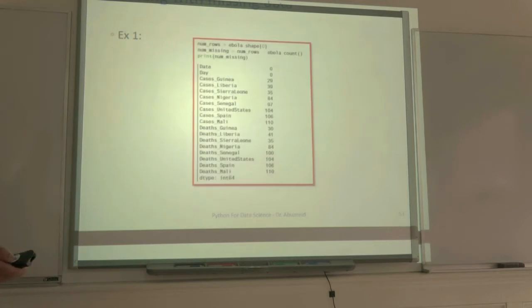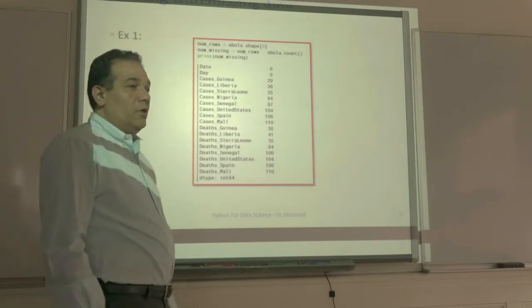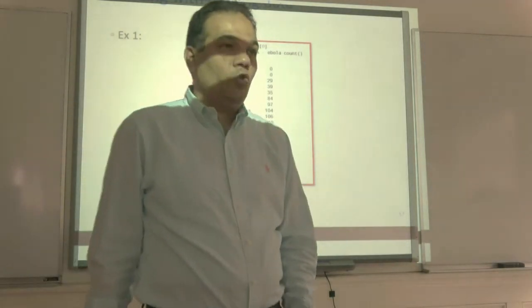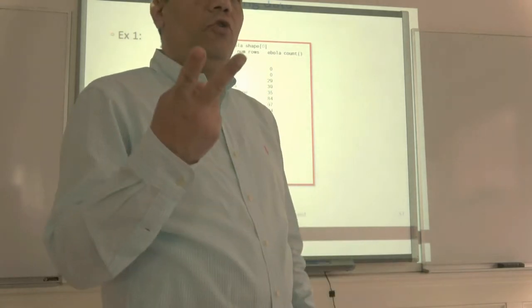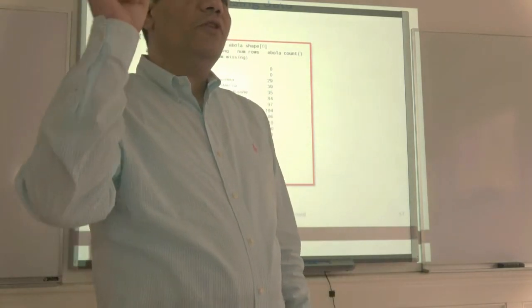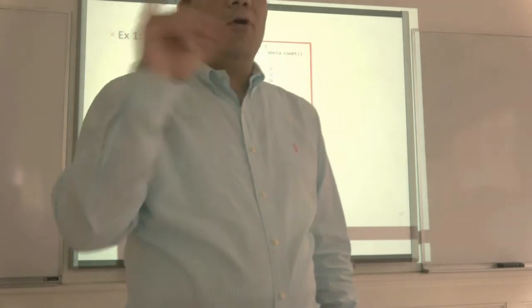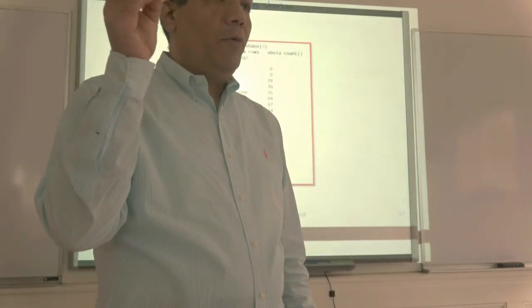Calculate the missing values. So in here, okay, Ebola. When you do shape, what does it give you? A tuple. How many elements in this tuple? 2. The first one tells you the number of rows. The second one, the number of columns.